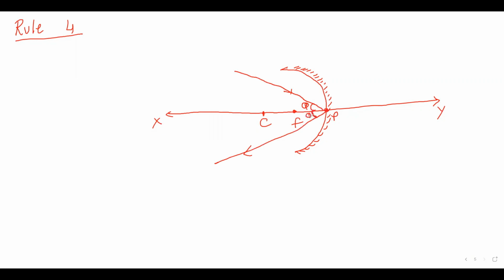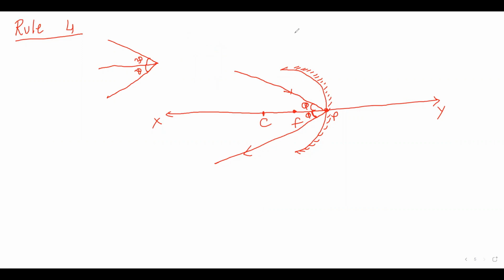If it is incident at 30 degrees with the principal axis, it will make 30 degrees with the principal axis and reflect. It is not like it is making 30 degrees while incident and 60 degrees while reflecting. No, it's not like that. It makes the same angle with the principal axis after reflection.